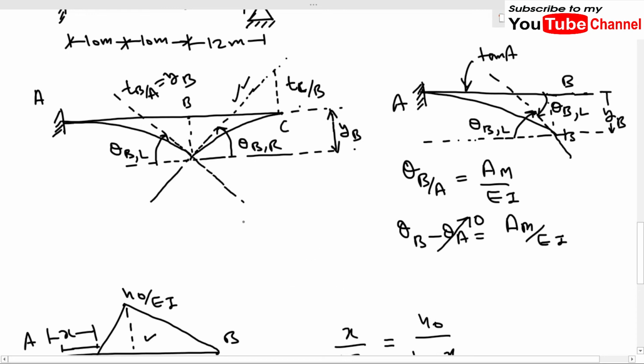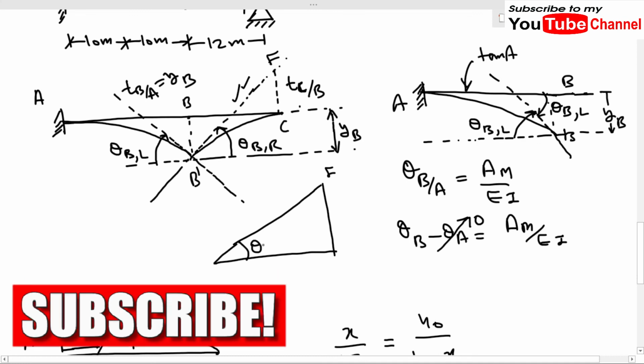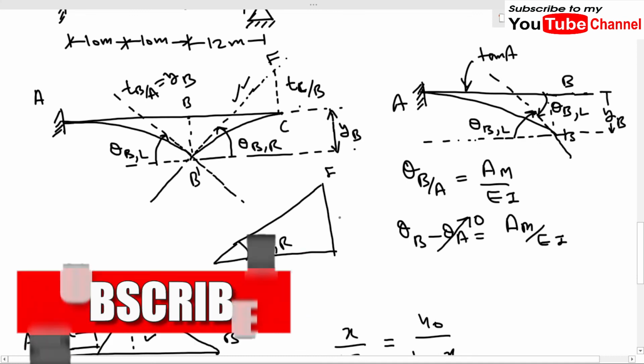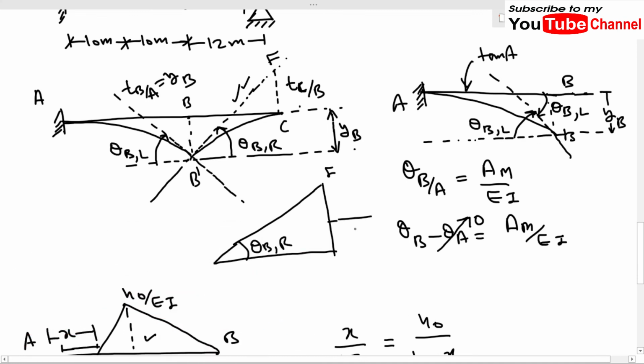Okay, let me name this as B dash. If I see this triangle B dash, and let me name it as F, here it is theta B right, and here we have this value YB, and this is TC over B, and this whole length is 12 meter.